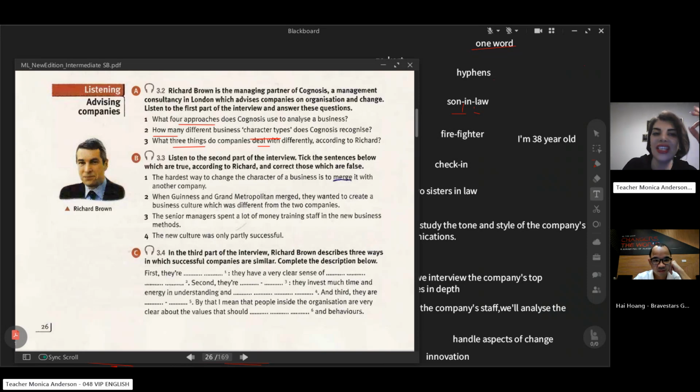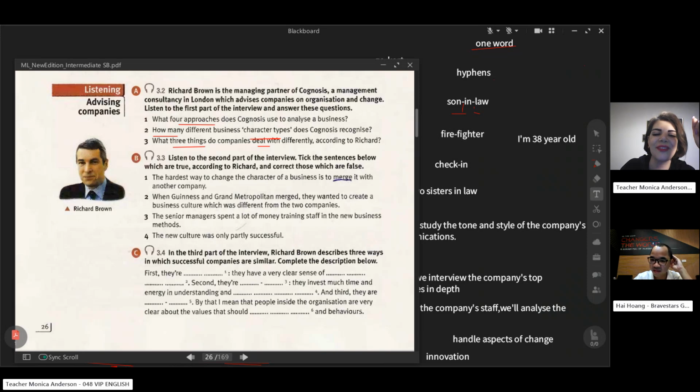So he said they laid out clear values and ways of working for staff, and they backed this up with a huge investment in staff training. So true or false?